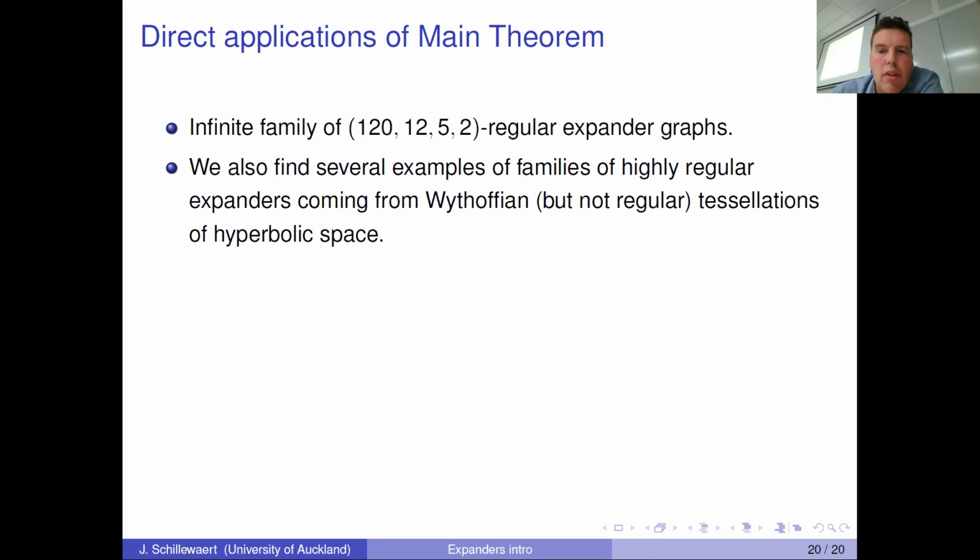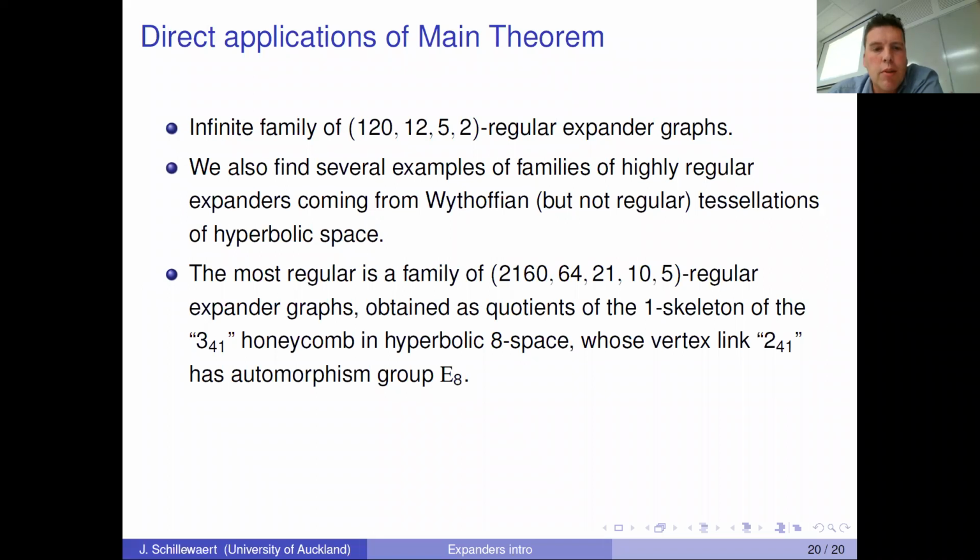So if we also consider tessellations which are not necessarily regular, then we can find other examples. And the best example we could find is, I have to read out these numbers, I'm sorry, 2,160, 64, 21, 10, 5 regular expander graphs. So that's our champion, which is an A, B, C, D, E. So we can do C, D, and E.